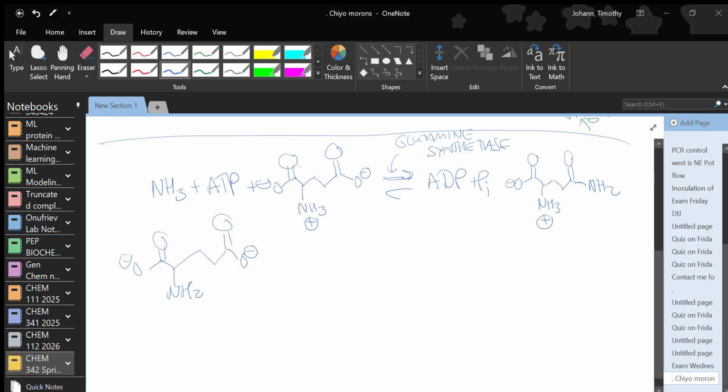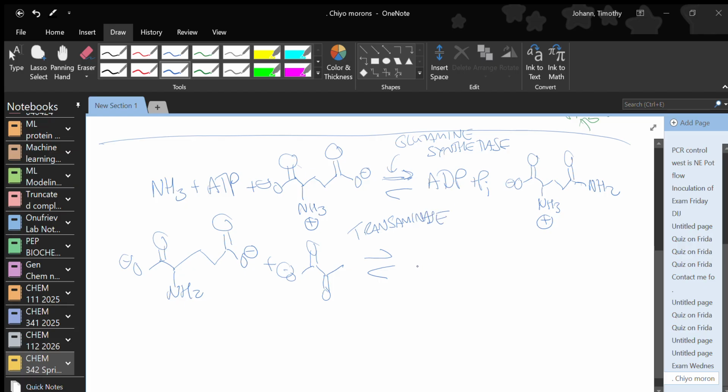Okay, and so this is a transaminase reaction. I'm going to react this with pyruvate, and I'm going to call that a transaminase. Well, no, I'm going to write the full word out, because I'm not going to accept you doing TA on my quiz or exam. So transaminase.